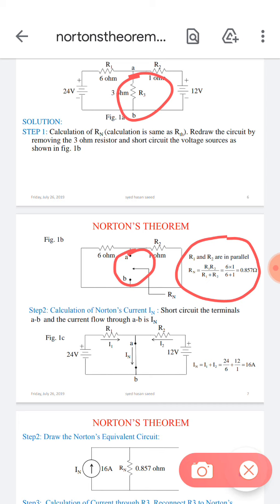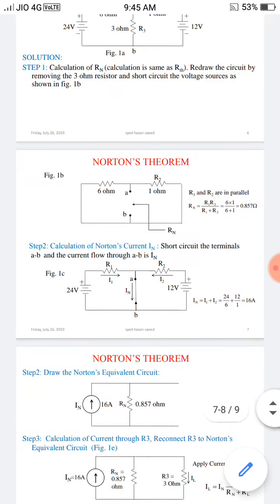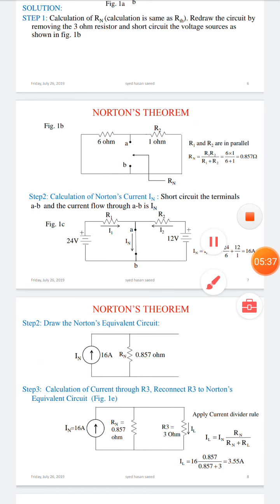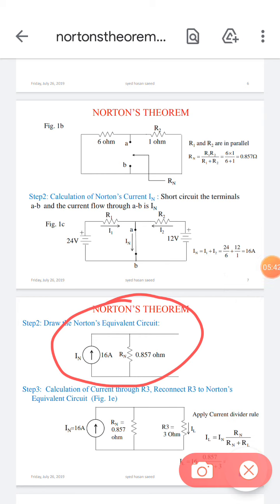Again, these two labeled terminals are short circuited by a single wire, and we calculate the Norton current by using KVL. The next step is to draw the Norton equivalent network.